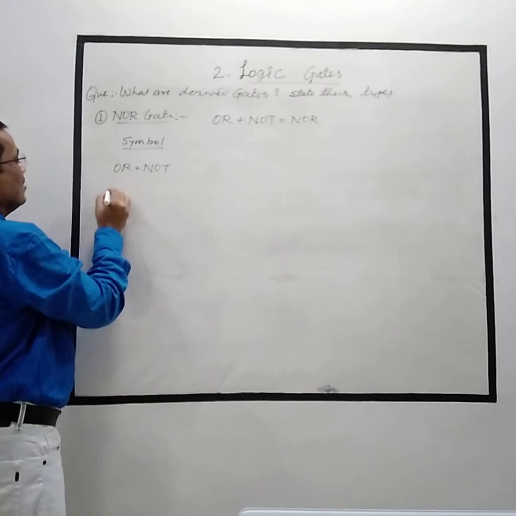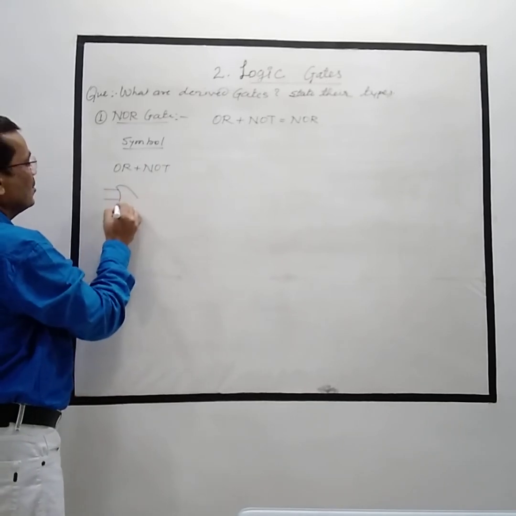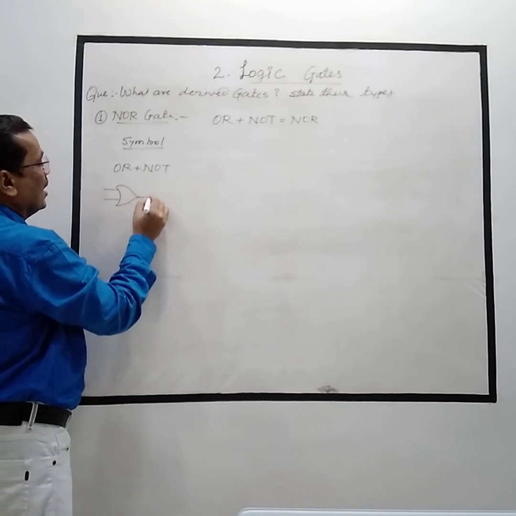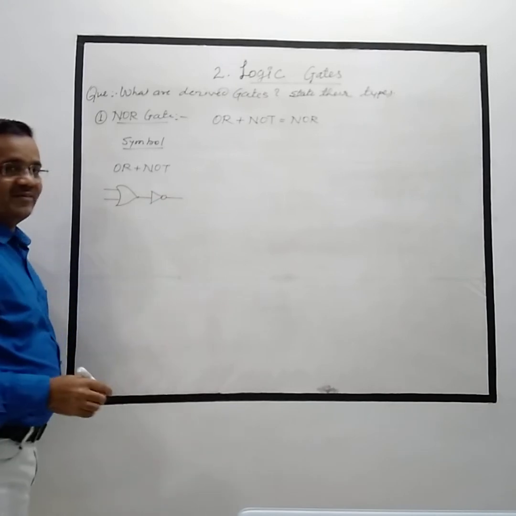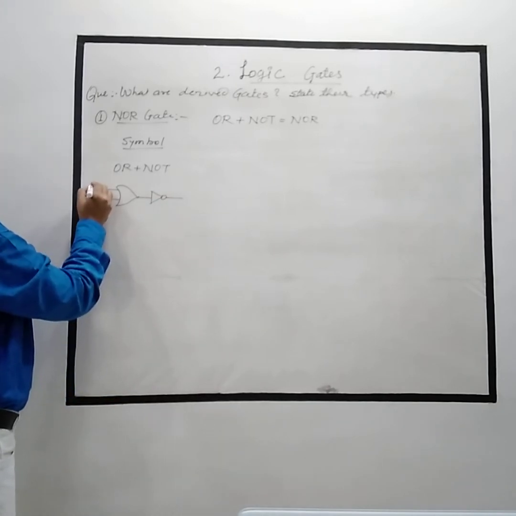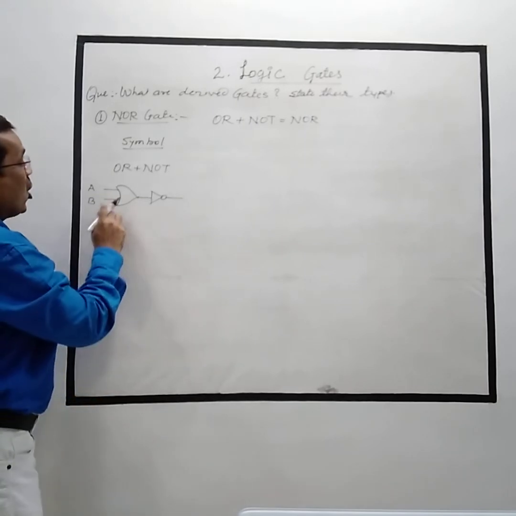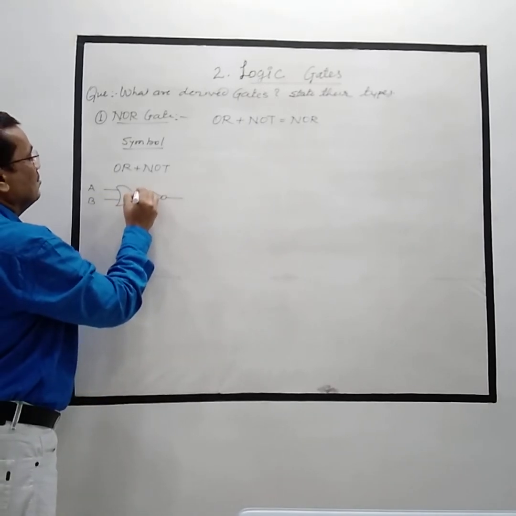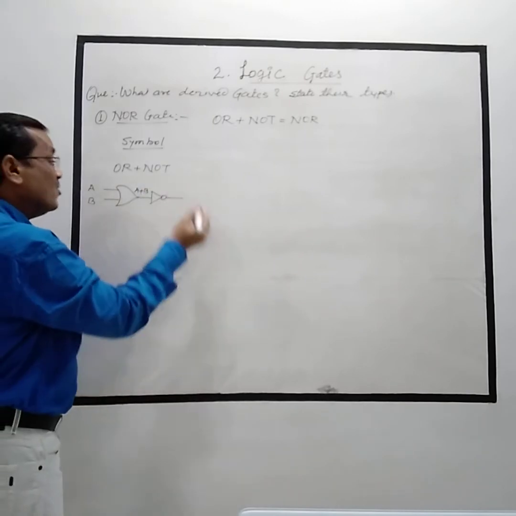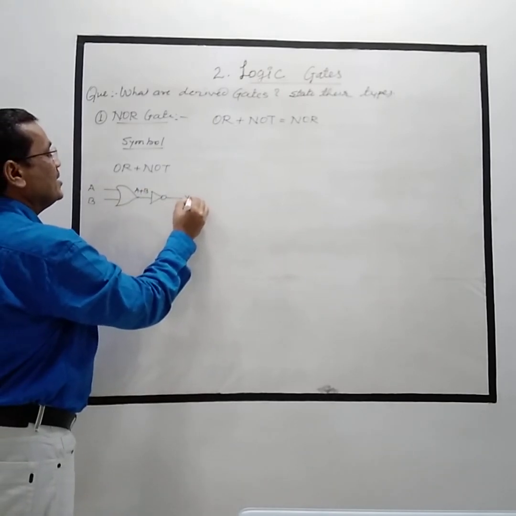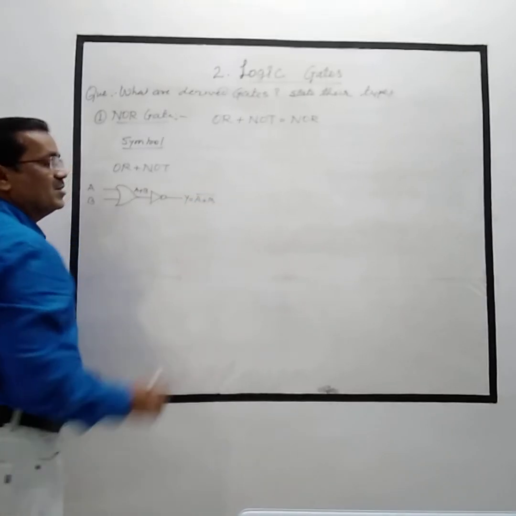So one can draw the symbol of OR gate like this, and it is connected to the input of NOT gate. Suppose this is input A and input B. They are ORed as A plus B. They are inverted as Y is equal to (A plus B) bar.